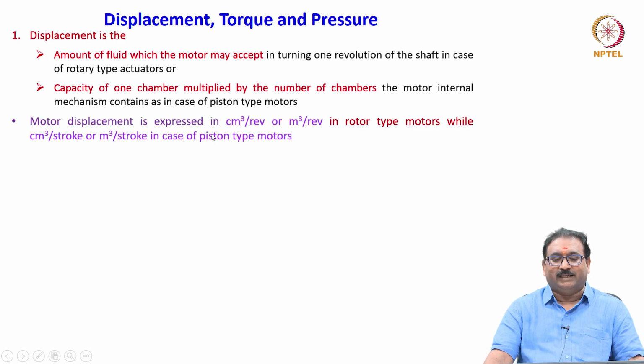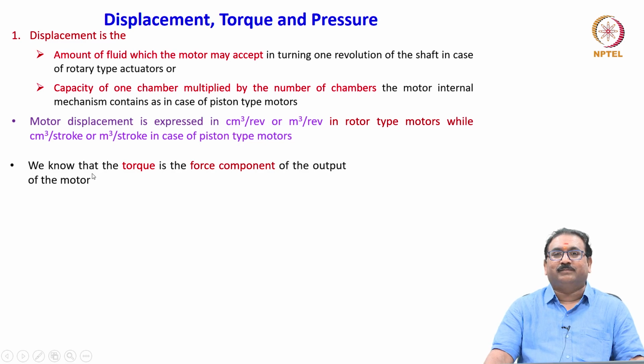Motor displacement is expressed in centimeter cube per revolution or meter cube per revolution in rotor type motors, while you will see here centimeter cube per stroke or meter cube per stroke in case of the piston type motors.